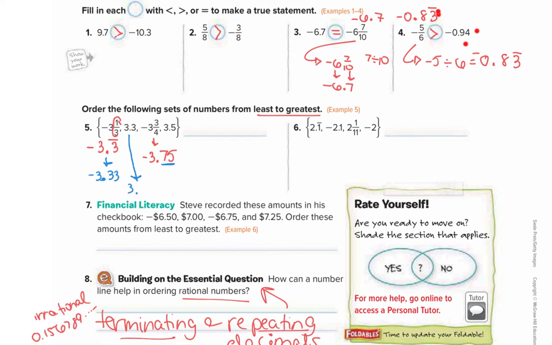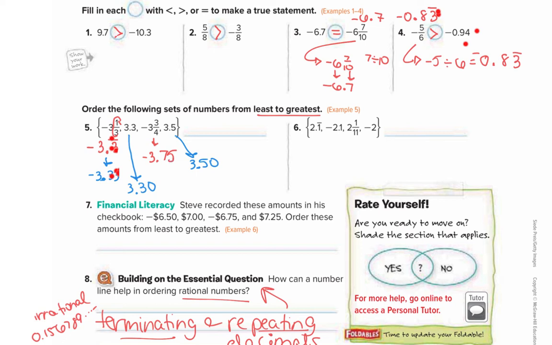Positive 3.3 would be 3.30 because there's no number that comes after that 3, so you could put a 0 there. We put a 3 here because this is repeating, so the number that would come next is that. And then for 3.5, we'd have 3.50 if we add a number behind it. So now that they all have 2 numbers behind the decimal, you can compare the numbers really easily.